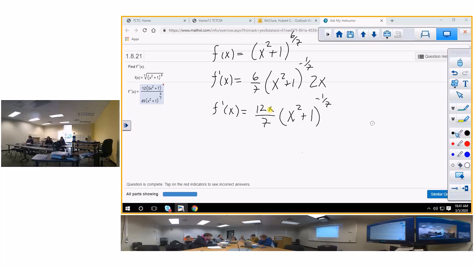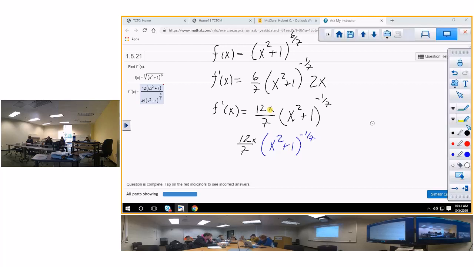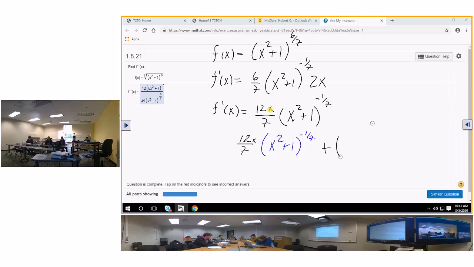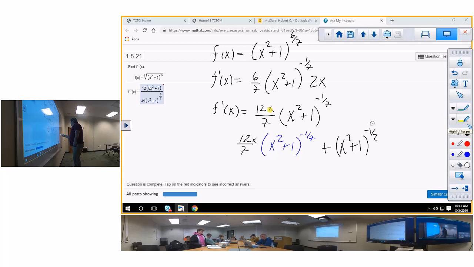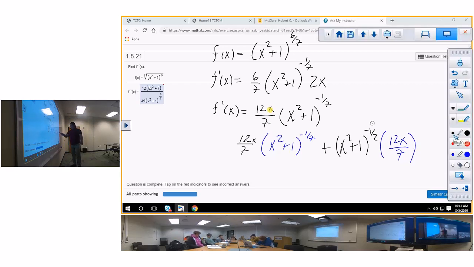So, here we go. First times the derivative of the second, plus the second times the derivative of the first. All right? So now that's going to be, let me use green.